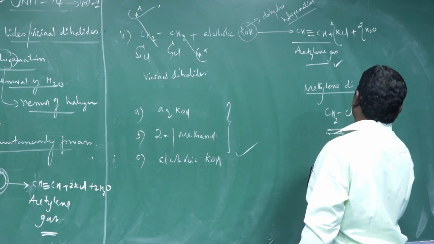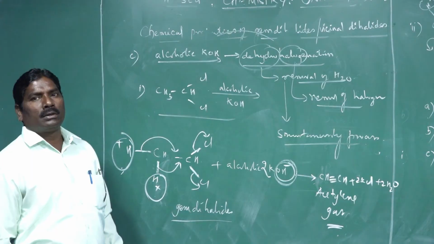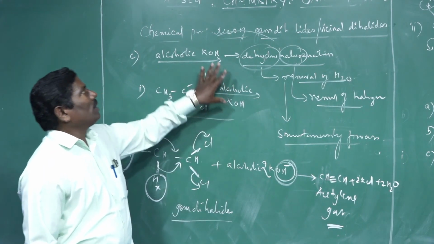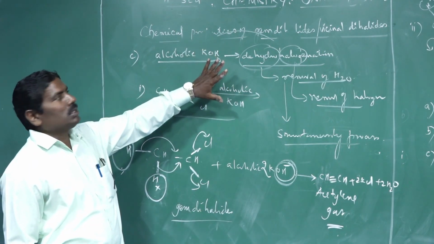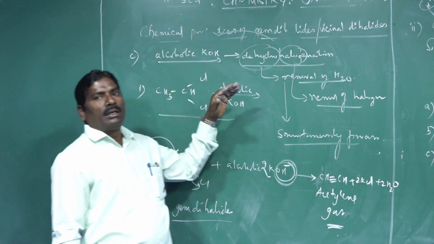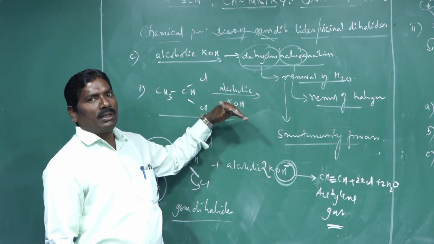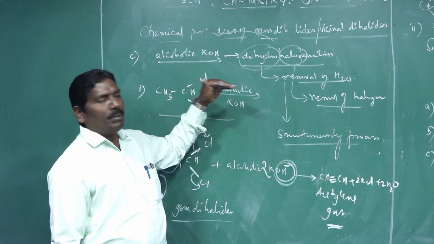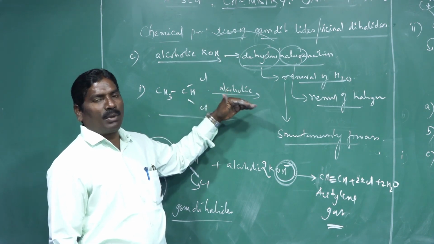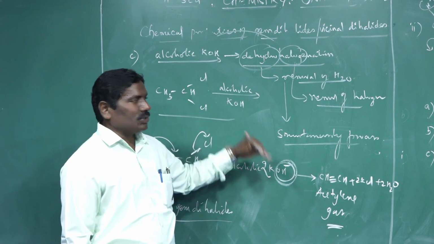Dear students, we have completed what polyhalides are, their classifications, the naming system, how we prepare them, and their physical and chemical properties. All this I have completed in this session.